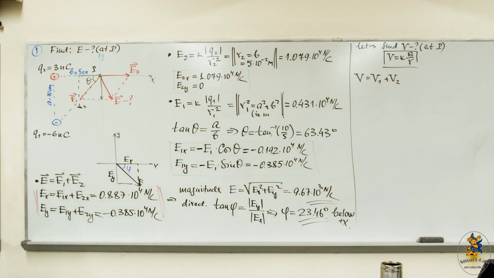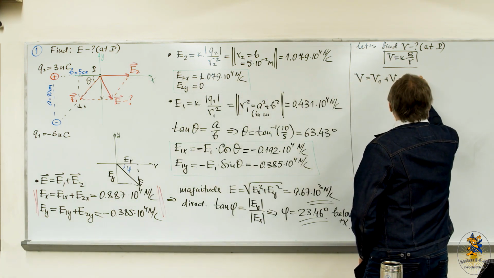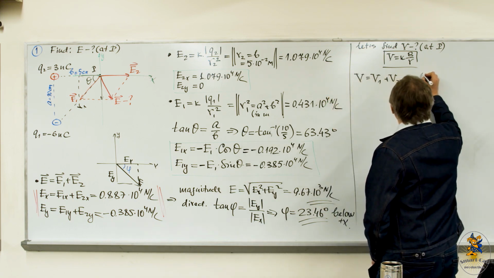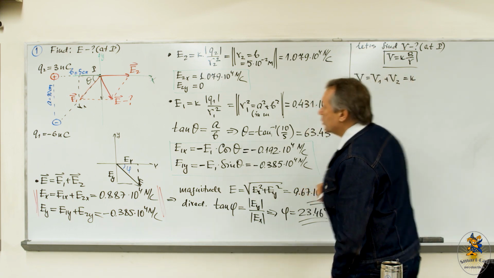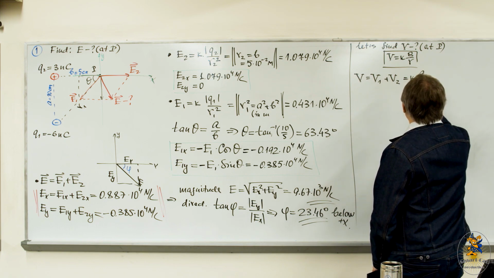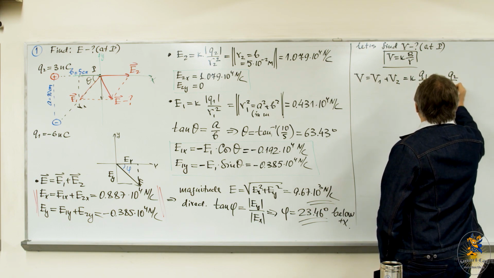It's a scalar quantity. We don't have to deal with components, with the directions, nothing like that. So it will be just K Q1 over R1 plus K Q2 over R2.